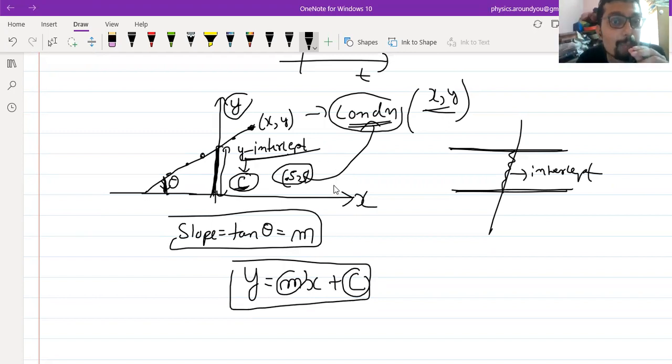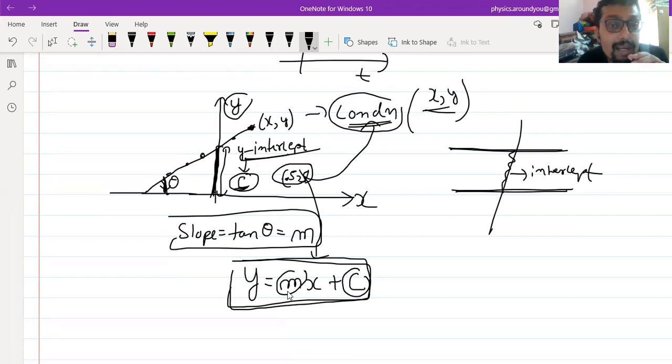Suppose I put the xy coordinates of a point lying outside the line in this equation. Will it get satisfied? It will not. LHS will not be equal to RHS. So this is the condition of a straight line, or we will call this the equation of a straight line. Okay, y is equal to mx plus c.